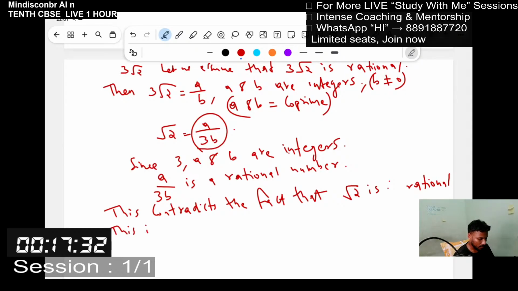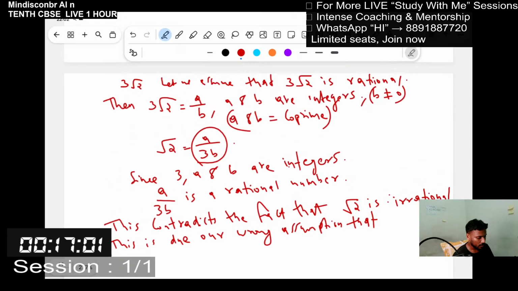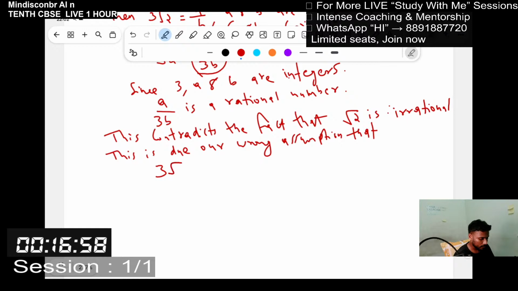This is due to our wrong assumption that 3 root 2 is rational.